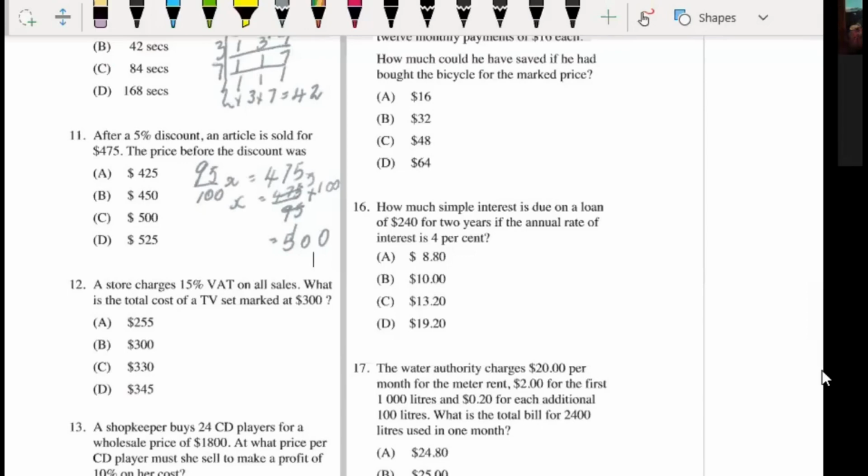Looking at the answers, we know that 3 times 15 is 45. And therefore, if you have to add something to the 300, the answer must be 345. But the way to work it out is to find 15% of 300, which is 45, then add it back to the 300. Or find 115% of 300, and you'll get 345.